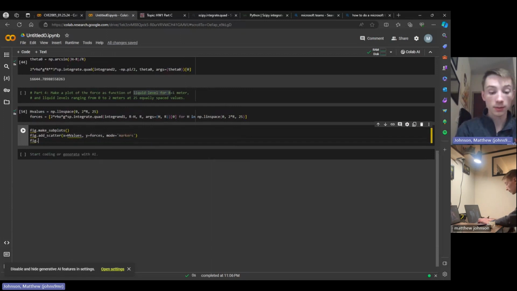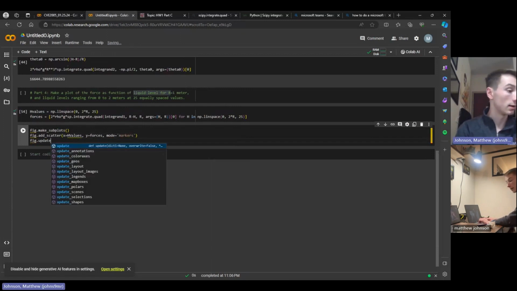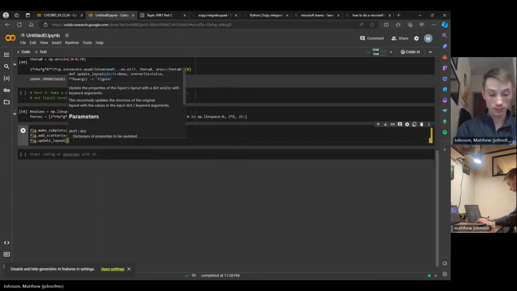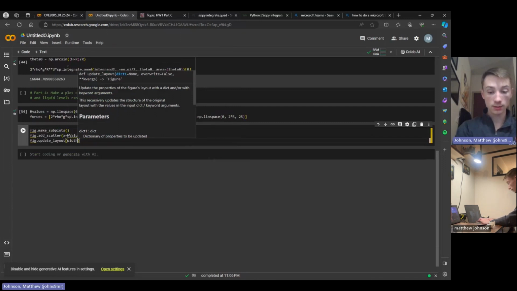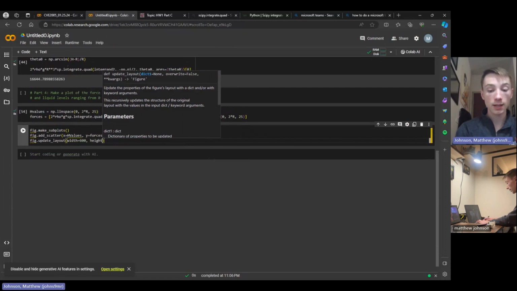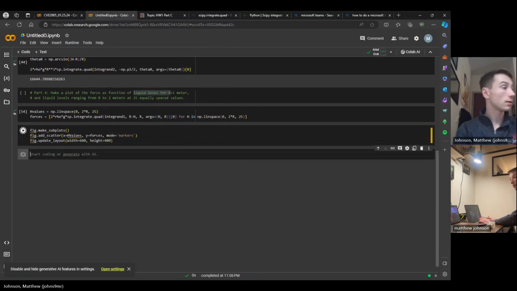This is going to look messed up unless I update the layout. So we're going to update this to a width of 600, height of 400. And let's see.